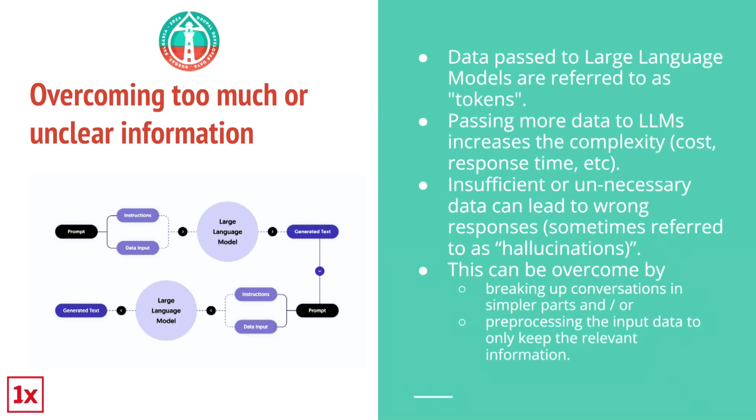Now, this can get really difficult. Models internally work with tokens, so your question gets broken into tokens, and that's what the model works with. When you pass more data to it, it takes longer to calculate.